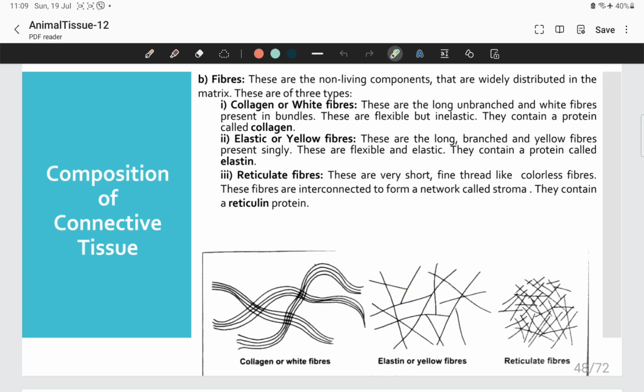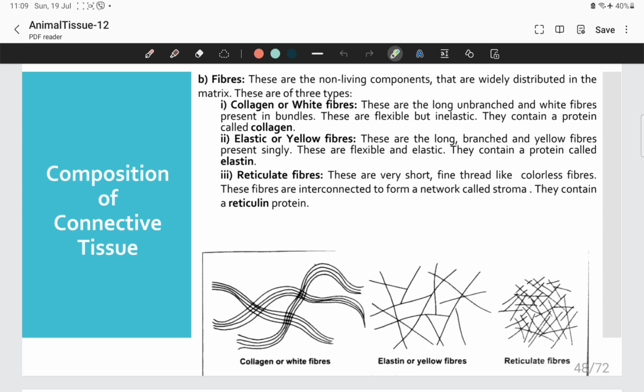Here the branches are visible, and it is flexible as well as elastic. So it has two properties. It is elastic as well as flexible, whereas collagen is only flexible but not elastic. Such elastin fiber is found in ligaments between the bones.